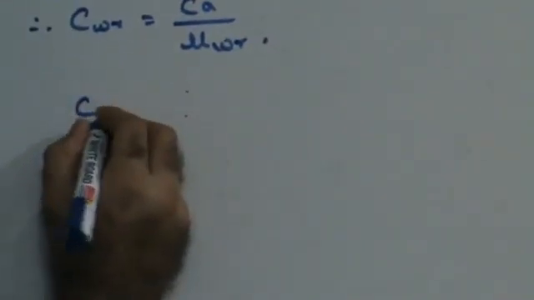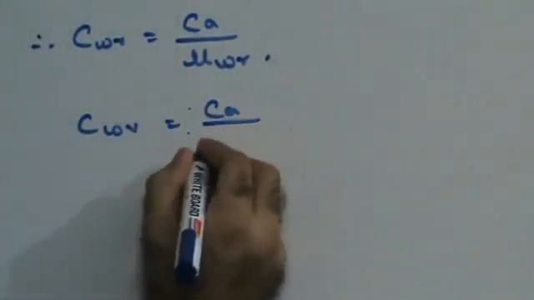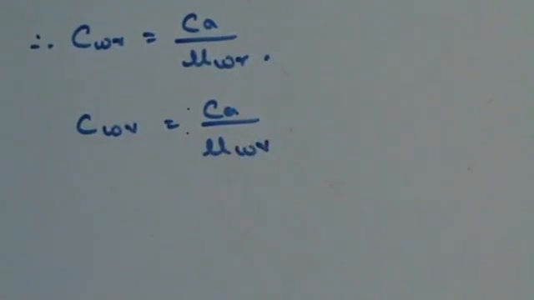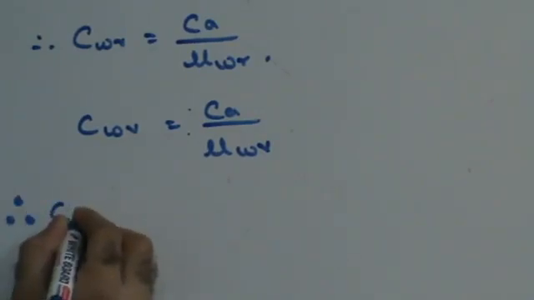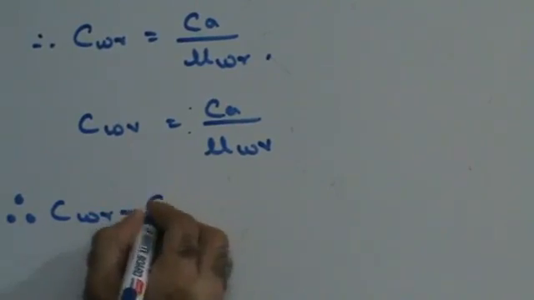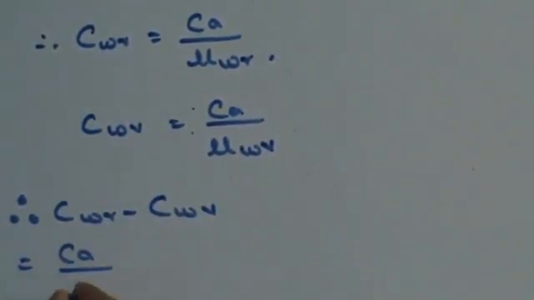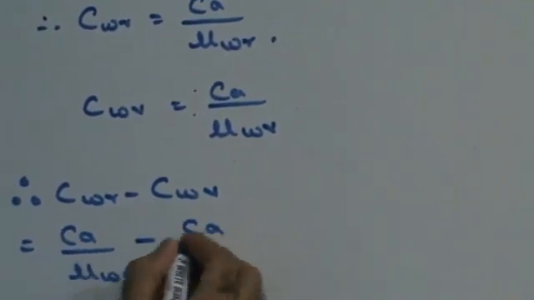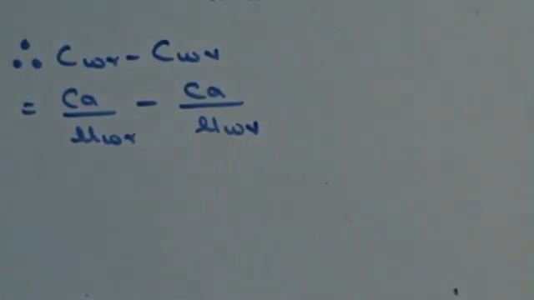Similarly, I can say velocity of violet color in water is velocity of light in air upon refractive index of violet color in water. They've asked me to find out the difference between the two. So I can therefore say that velocity of red color in water minus velocity of violet color in water is Ca upon refractive index of red color in water minus velocity in air upon refractive index of violet color in water. Fine, do we get this thing clear?